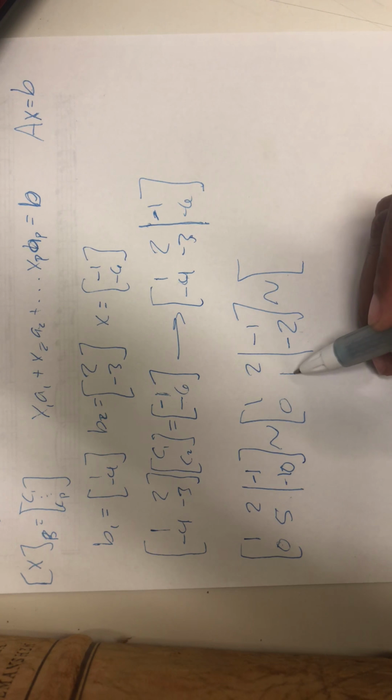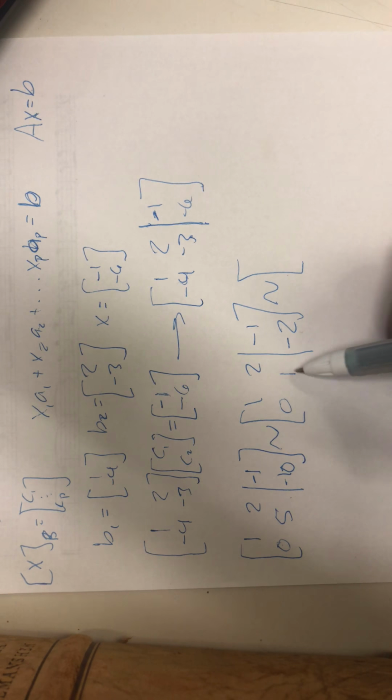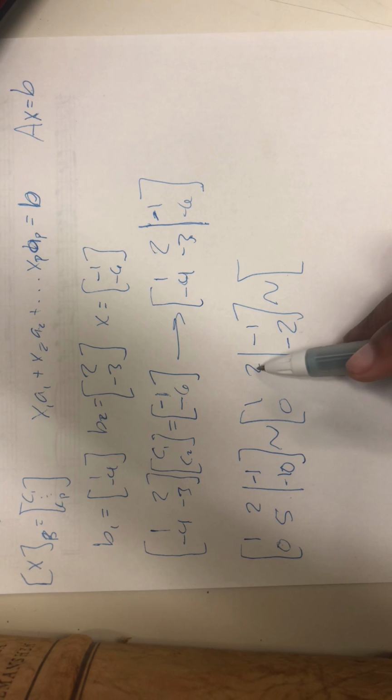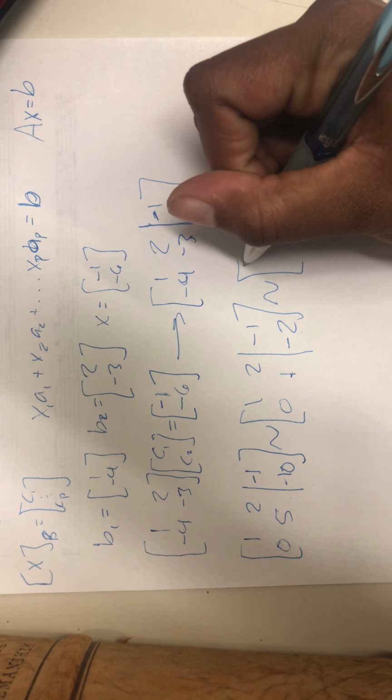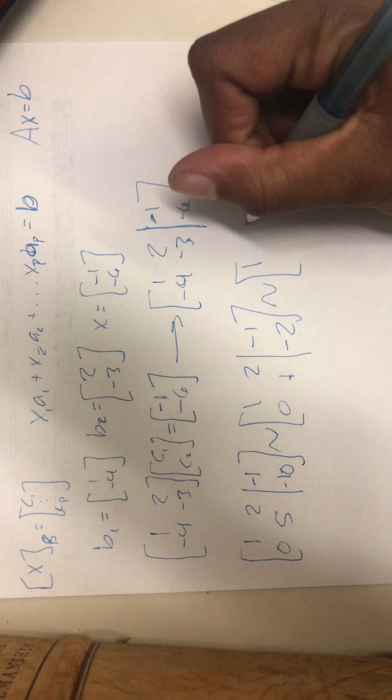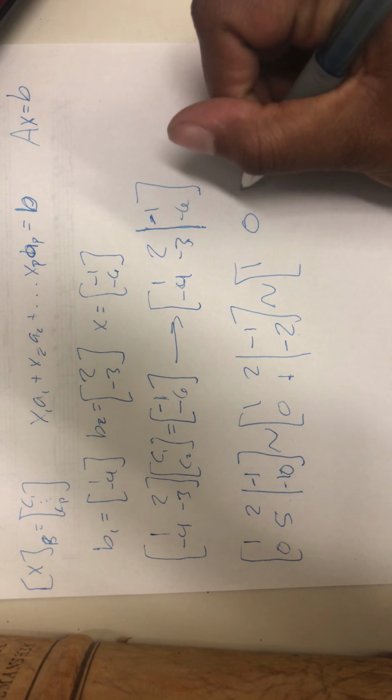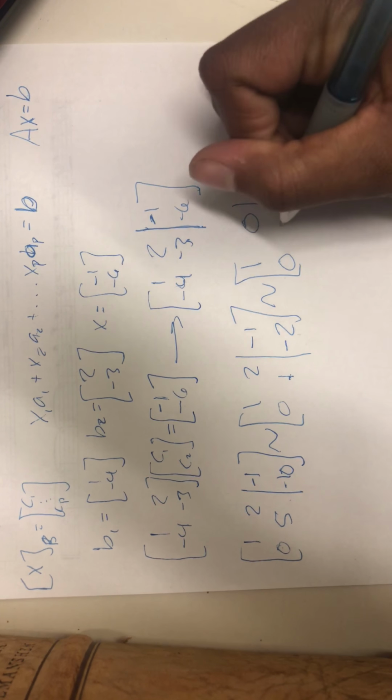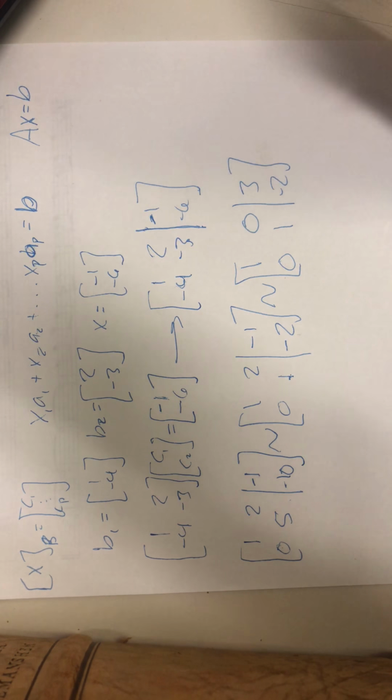Although this is in echelon form, it needs to be in reduced echelon form, which means that there needs to be a 0 above and below all of our pivots. So here's a pivot that does not have a 0 above it, so I need to make this be a negative 2, because negative 2 and positive 2 gives us 0. Great.